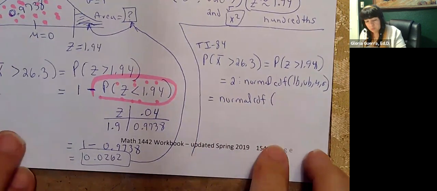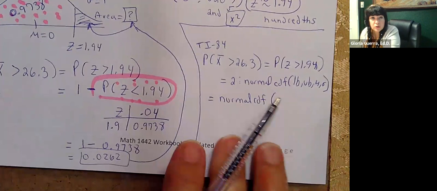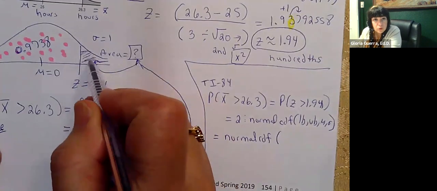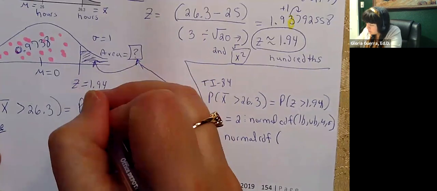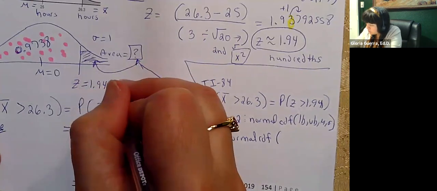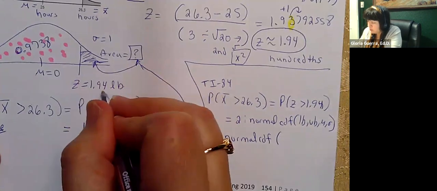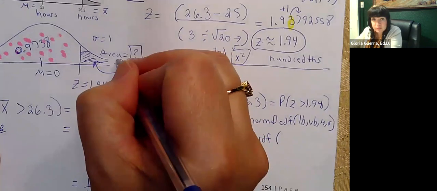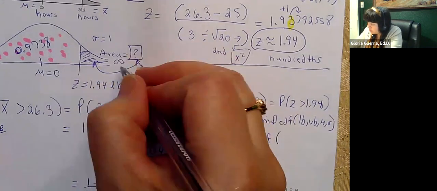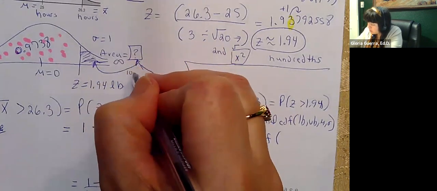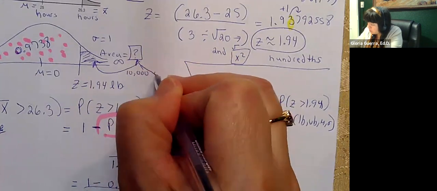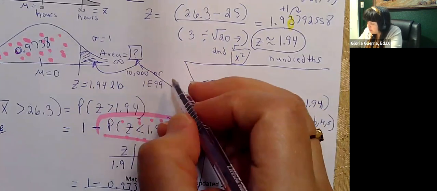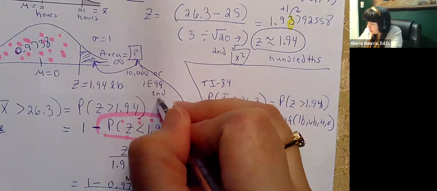Okay, so when we do the lower bound, we're talking about this shaded region here. So lower bound is this, 1.94, and you read it from left to right. And then upper bound is infinity. And you know, infinity is either 10,000 or you can use 1E99. If you use the E99, that uses the second and the comma.